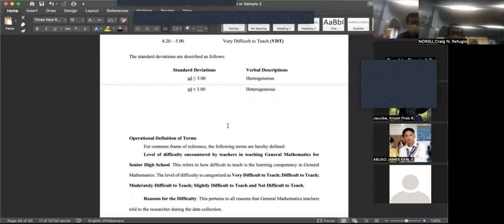But you are not going to define those terms individually. Why? Because in the statement of the problem, you don't use level alone. You don't use difficulty alone. You don't use encountered alone, and you don't use teaching alone. So you are not going to define each of those terms individually. So how are you going to define that one?